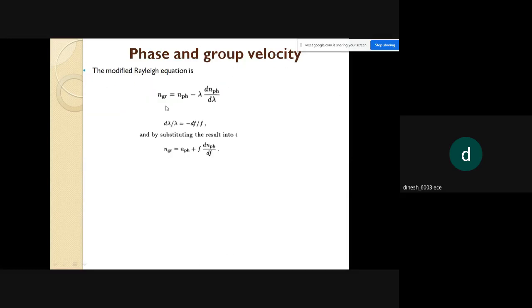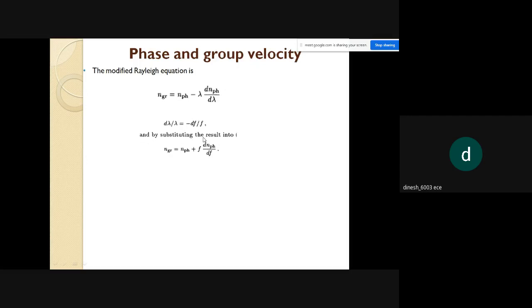This is the modified Rayleigh equation, where d lambda by lambda is always minus df by f.